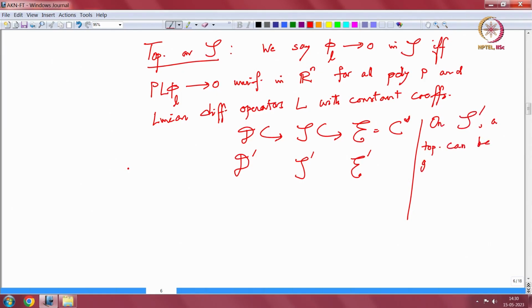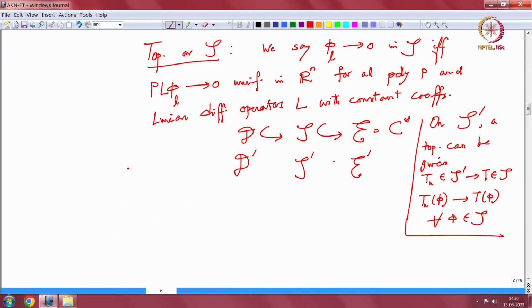That is not a difficult thing: T_n in S prime converges to T in S prime if T_n of phi converges to T of phi, as a fixed topology, for all phi in S. So, that is the topology. With that you have these inclusions.